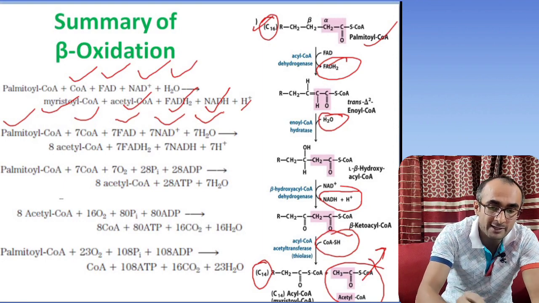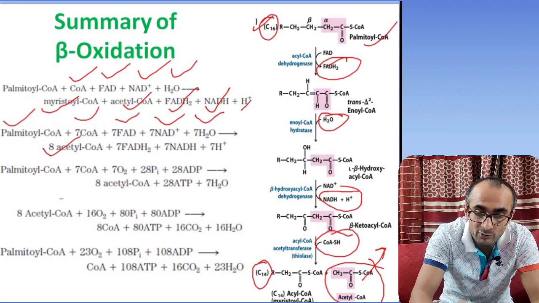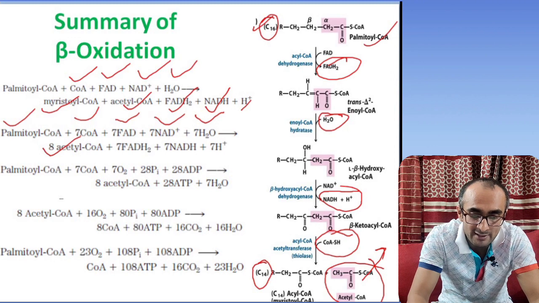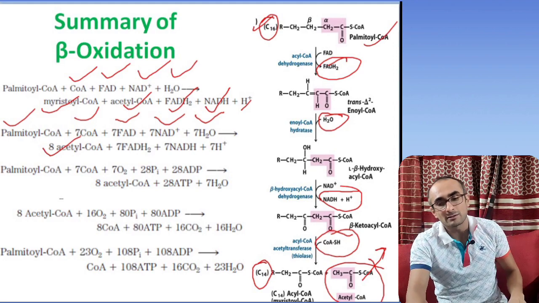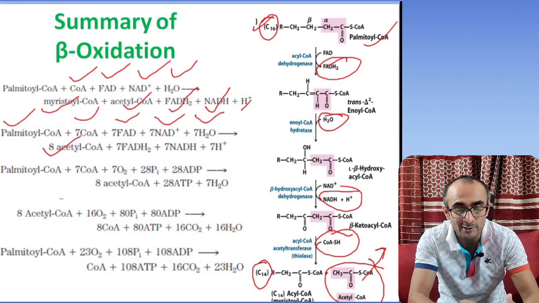And the products will be 8 acetyl coenzyme A, and because there are 7 cycles, last wala, remember the last acetyl coenzyme A is produced by the thiolase reaction. That is produced directly by the thiolase action by splitting of 2 acetyl coenzyme A which are joined together.